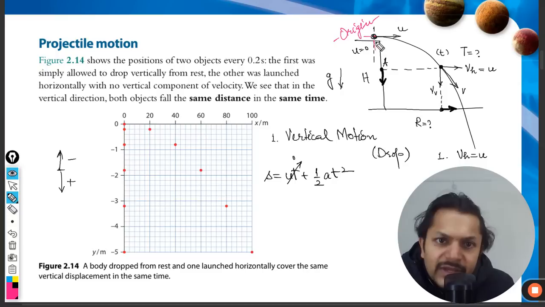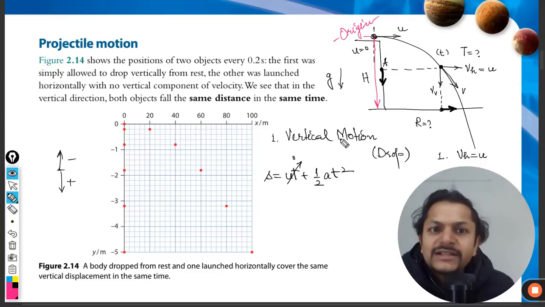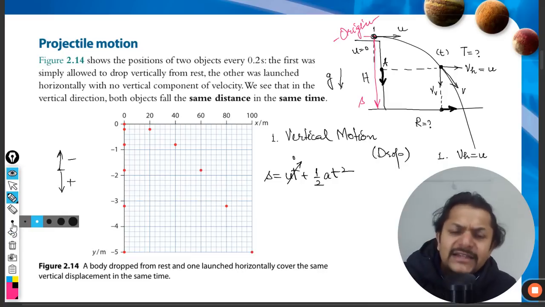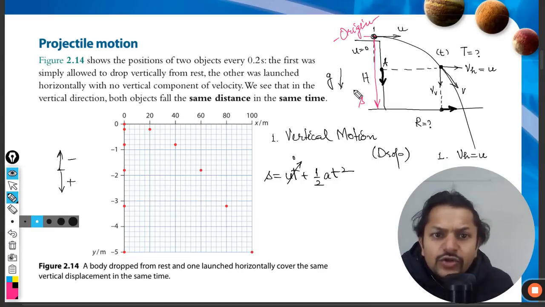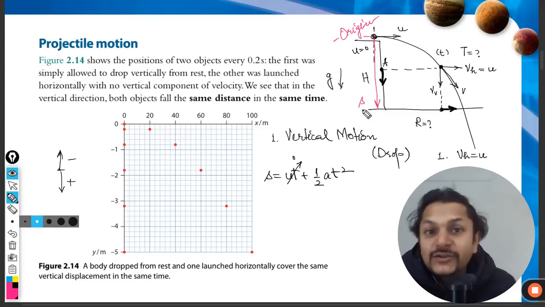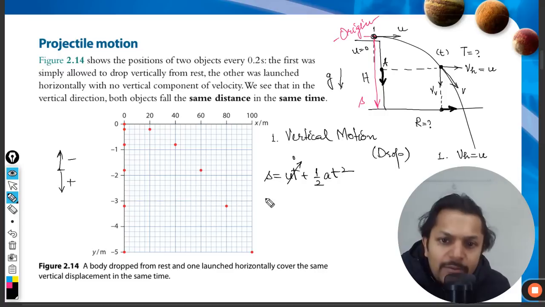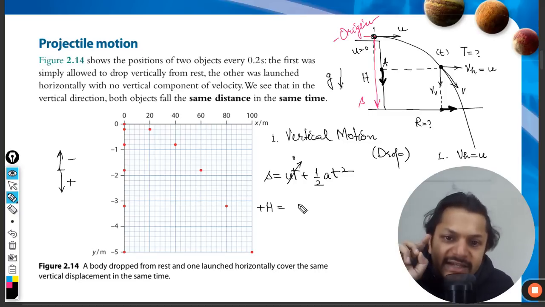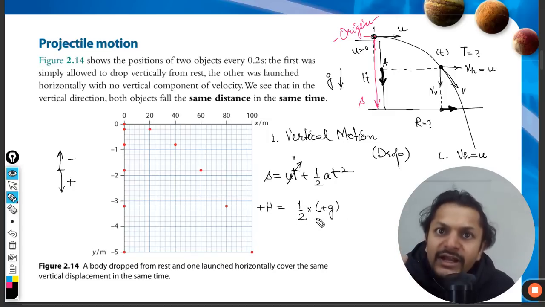So clearly the displacement is somewhat like this, S vector, or we can just call it S. The displacement is downward, so it will be taken as positive and the magnitude is equal to capital H. So I am going to plug this value here as plus H. Now ut is 0, so half, gravity will be positive again because it is in the downward direction, with magnitude g.